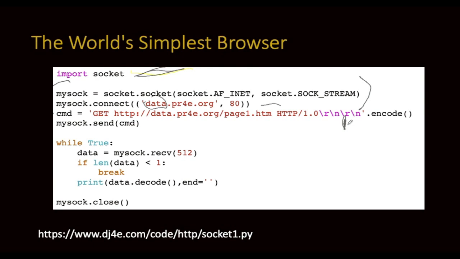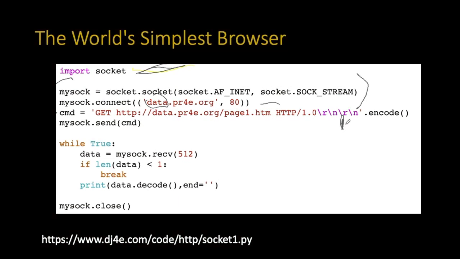We liked Telnet in the old days because it was kind of like a socket. I could connect to any host, any port, and type things and see if it's broken or not. And then the protocol says once the server has received the first line, any headers, and then the blank line, then it's to return it. So then the next part of this is we're going to have a little loop.